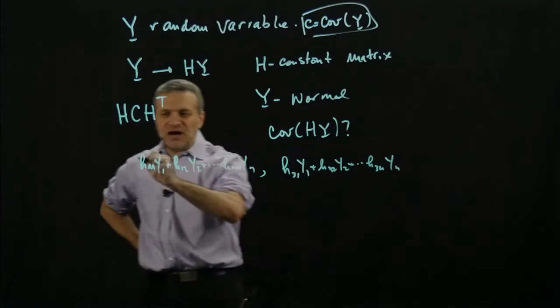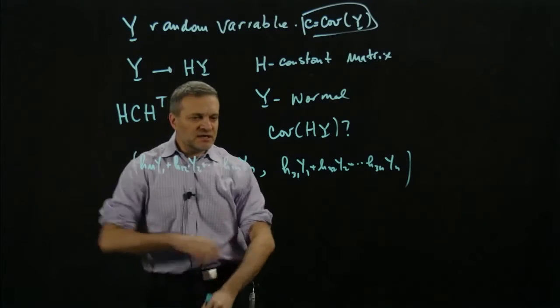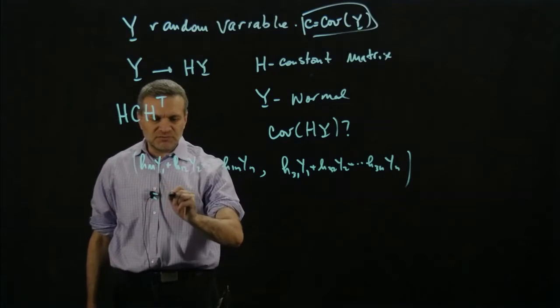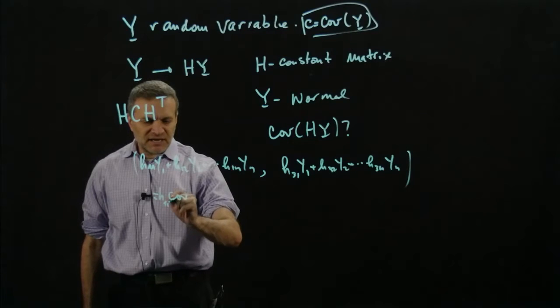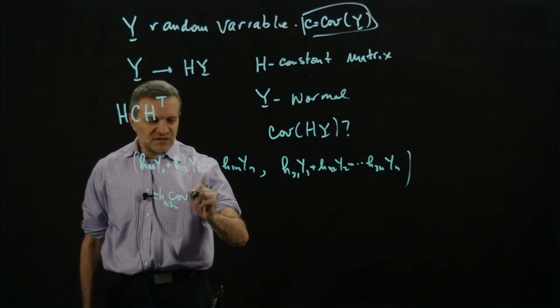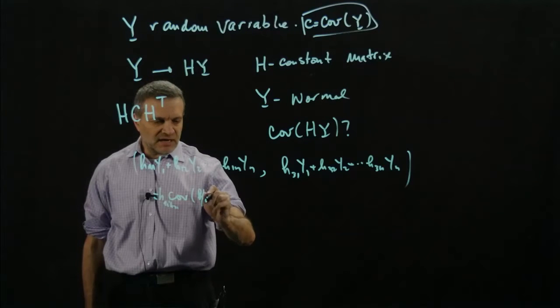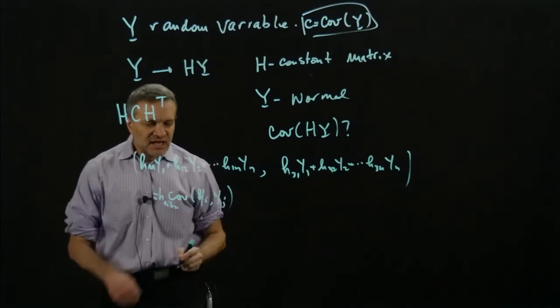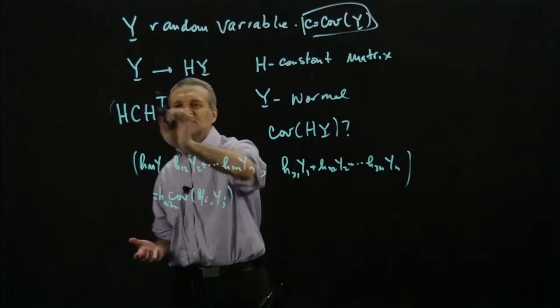And you can multiply, using the covariance rules. So basically, this is going to be the covariance of h1i, h3j times the covariance of yi, yj, or something like that. And then what you're getting here is exactly this.